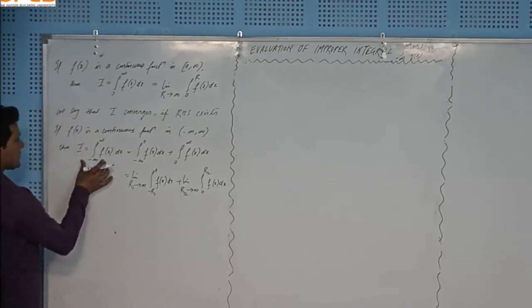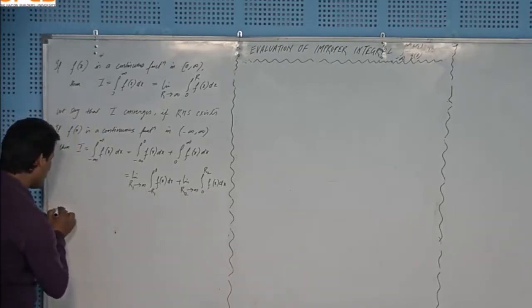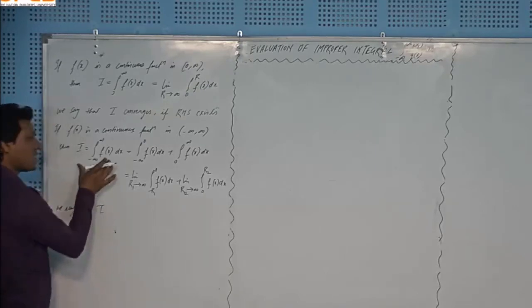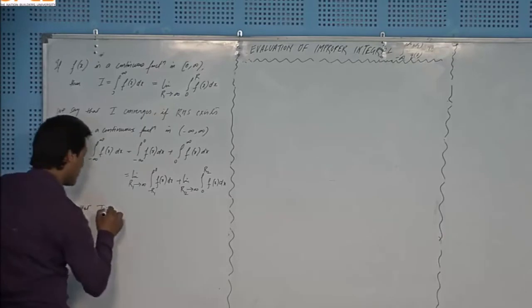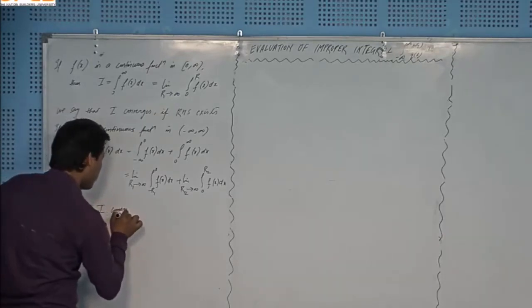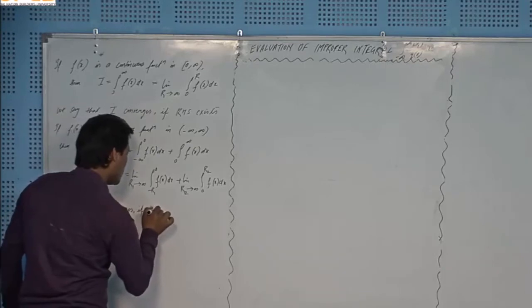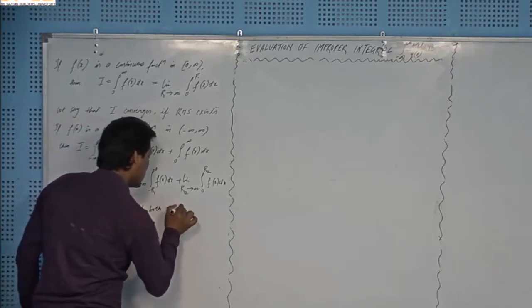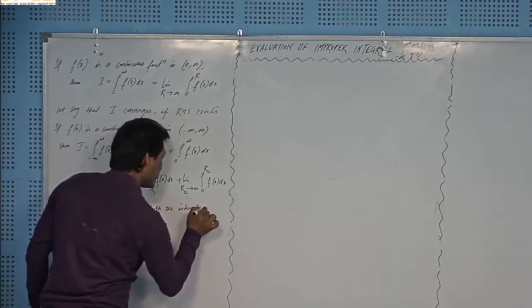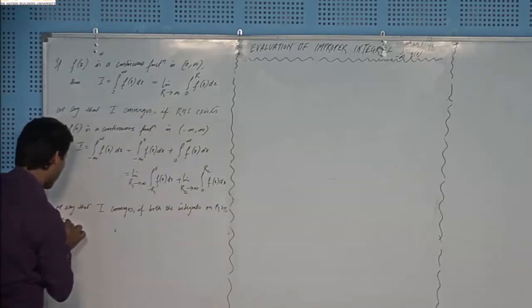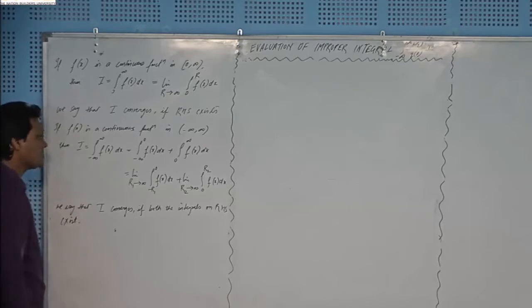And we say that this integral capital I, the integral on the left hand side, converges if both the integrals on the right hand side exist, right?